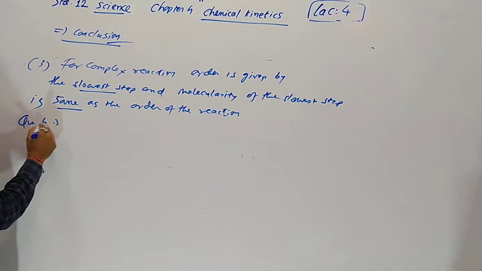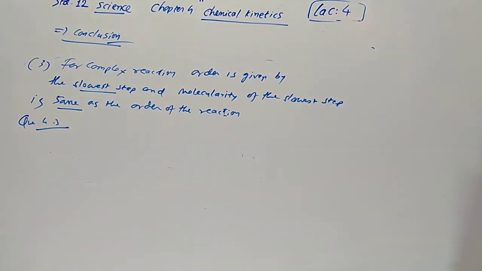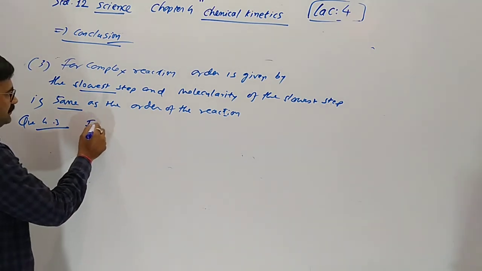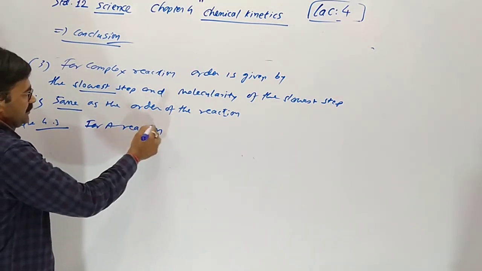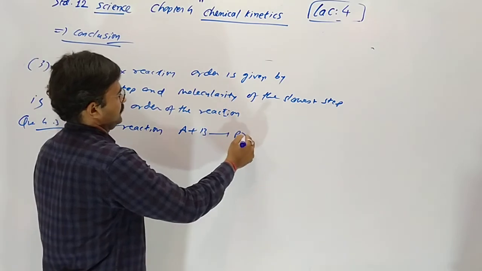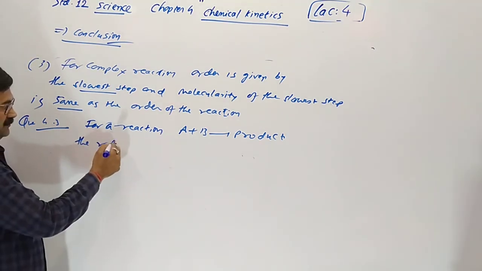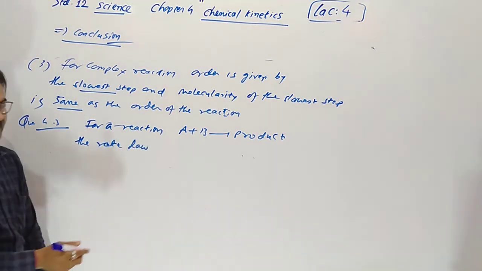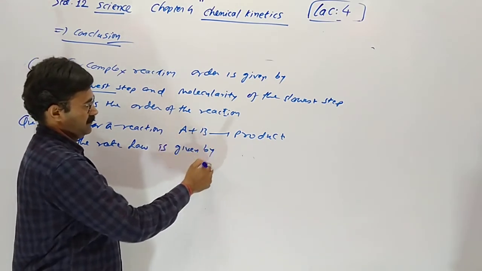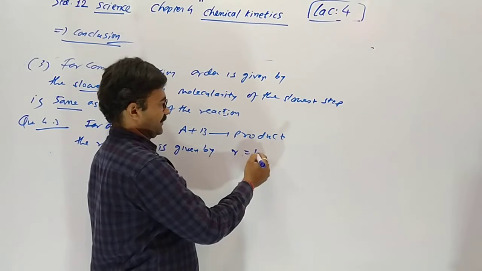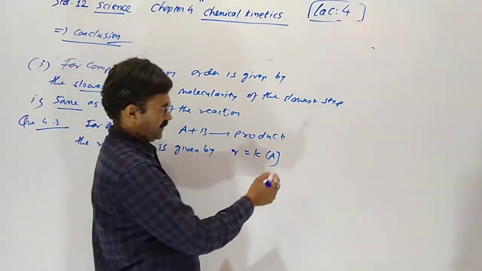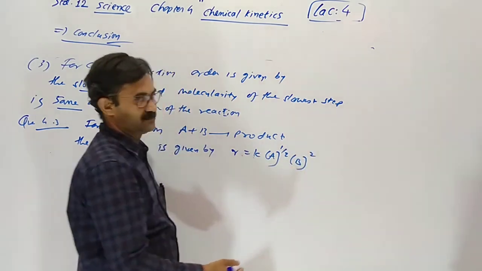Now the last question, 4.3. For a reaction A plus B gives product, the rate law is given by R, rate, equals K [A] raised to 1 half and [B] raised to 2.